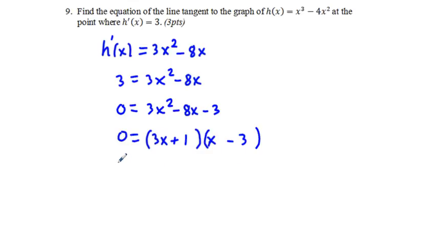So we're going to have 3x plus 1 equals 0, and then also x minus 3 is equal to 0. And if we solve for x, we're going to have x equals -1/3, and then x equals 3.